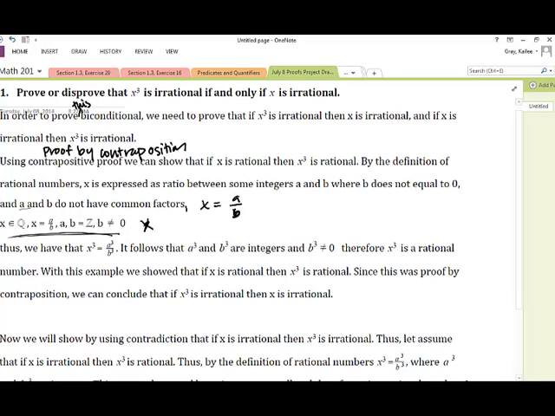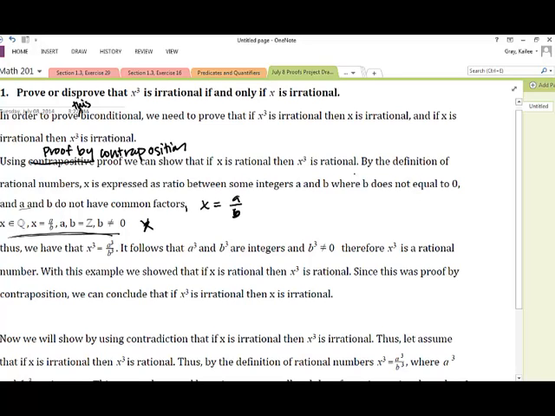And then instead of using contrapositive, let's say using proof by contraposition, we can show that if x is rational, then x cubed is rational. So this is nice. I see what you're trying to say here.